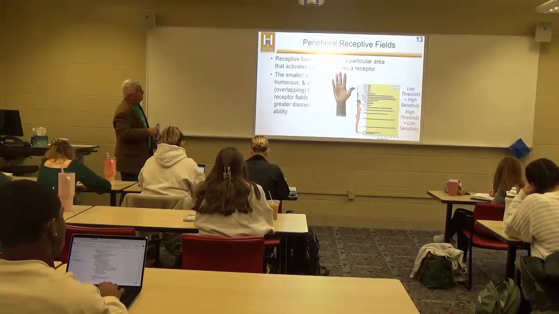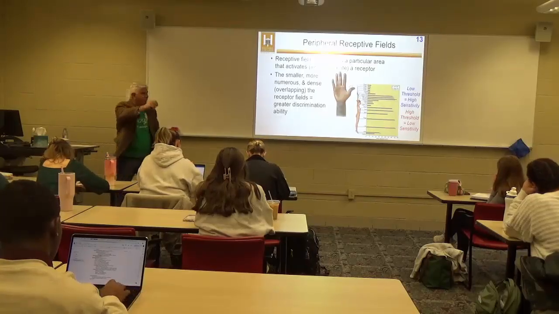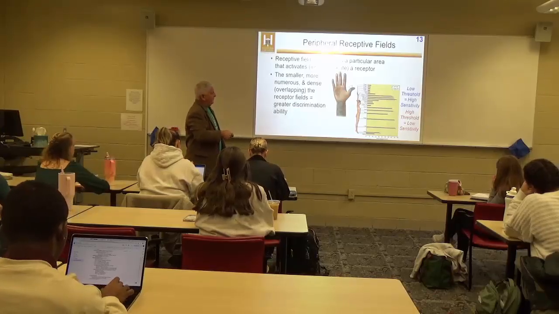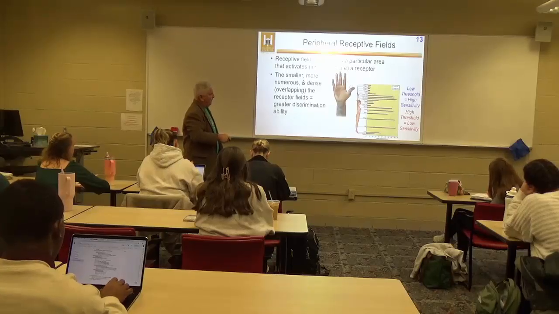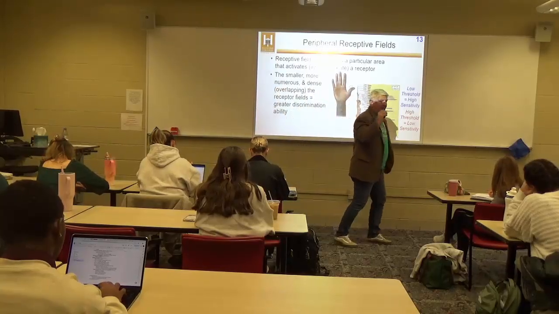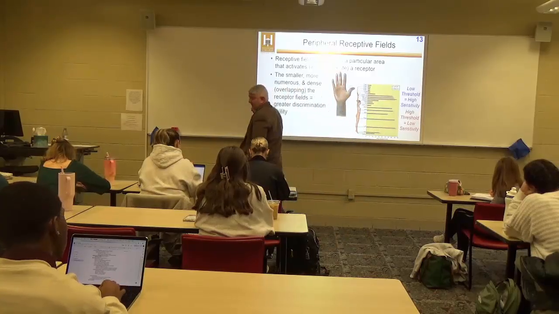And so it turns out that places that we have low thresholds, like our fingers, our hands, our thumb, our palm, our face, very low thresholds, have small and very numerous, dense receptors.